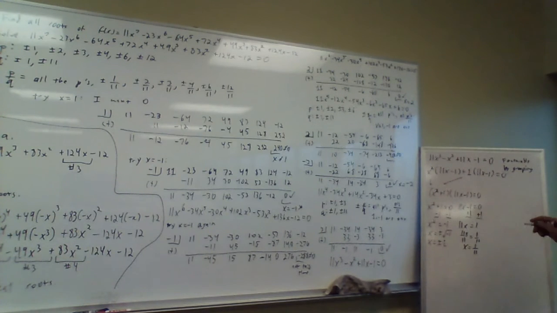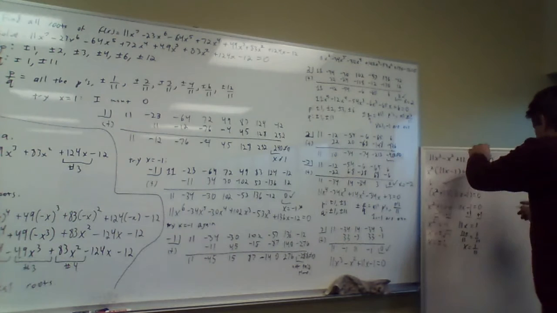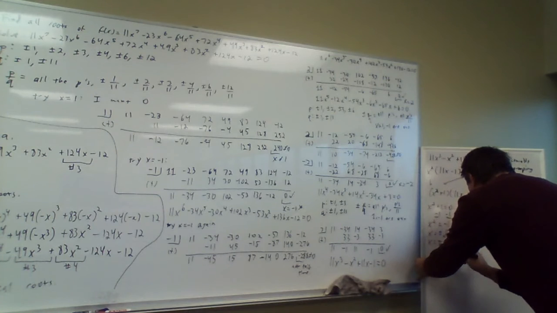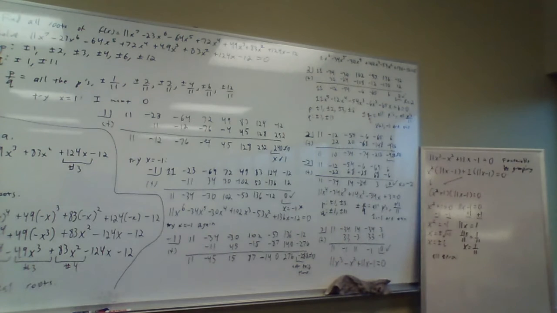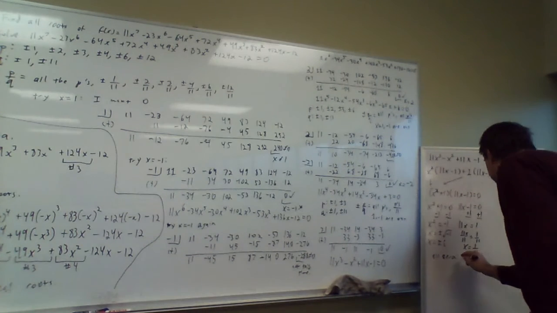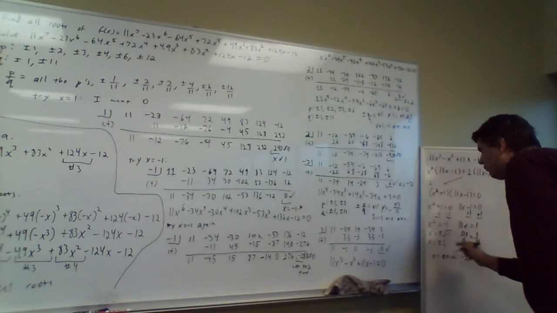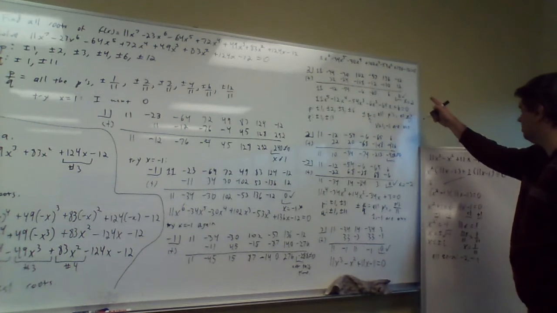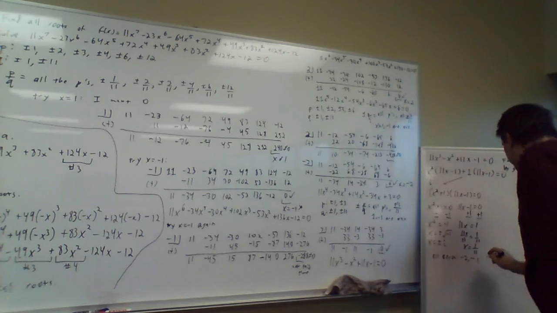So the zeros. All the zeros, from least to greatest, they are negative 2, negative 1, let's see, 1/11 would be on the list.